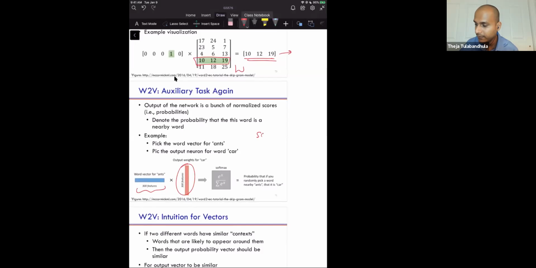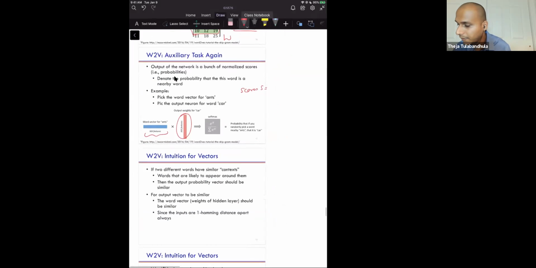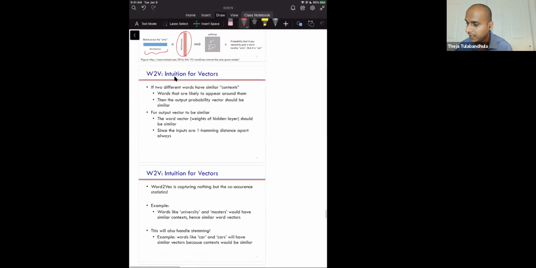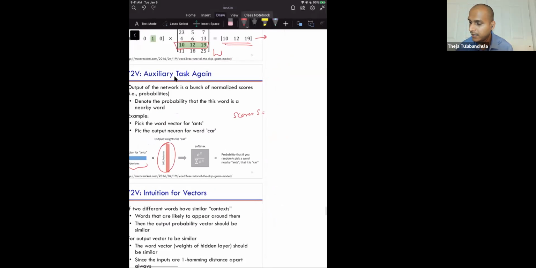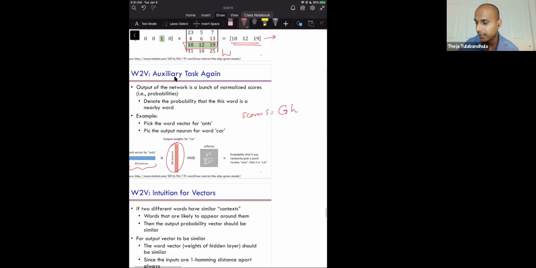So scores is equal to some, for now I'm just going to call it a matrix G, times the hidden vector. H was 300 cross 1, that's the output of the hidden layer. Scores has to be 10,000 cross 1, which is one score per word, and G is the matrix which gets you to scores.